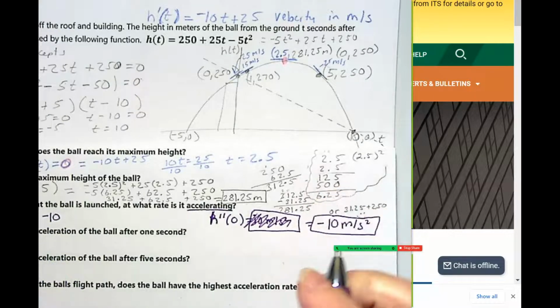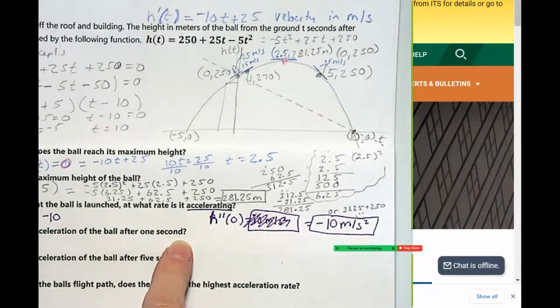So then it asks, what is the acceleration of the ball after 1 second? What do you think it's going to be? Negative 10 meters per second squared? Yep, no matter what.